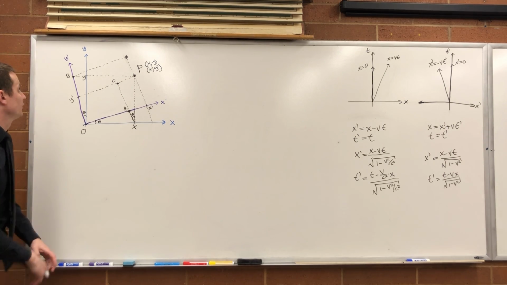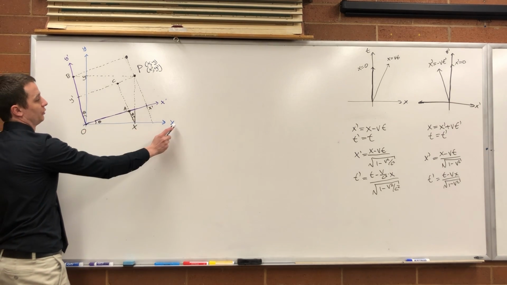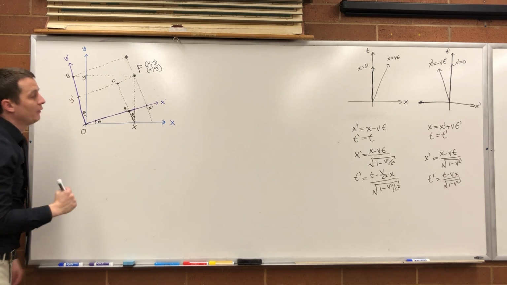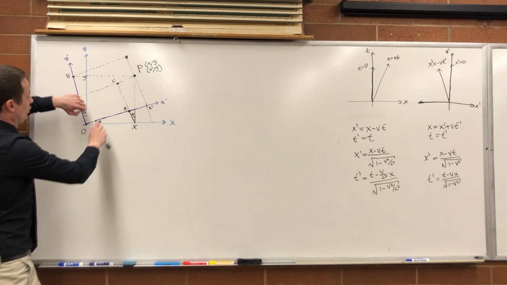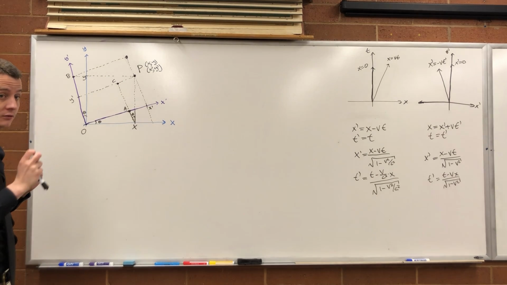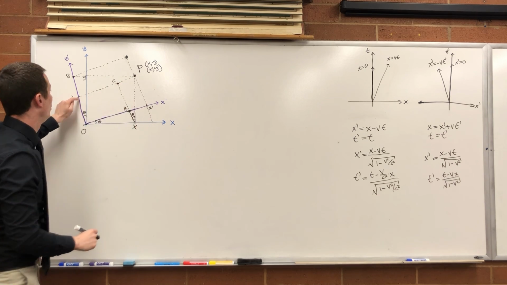And we have two reference frames here. In your reference frame, you talk about coordinates in terms of x and y. Now my reference frame is going to be rotated from your reference frame by some angle theta. And so I'm going to assign coordinates x prime, y prime to a point.